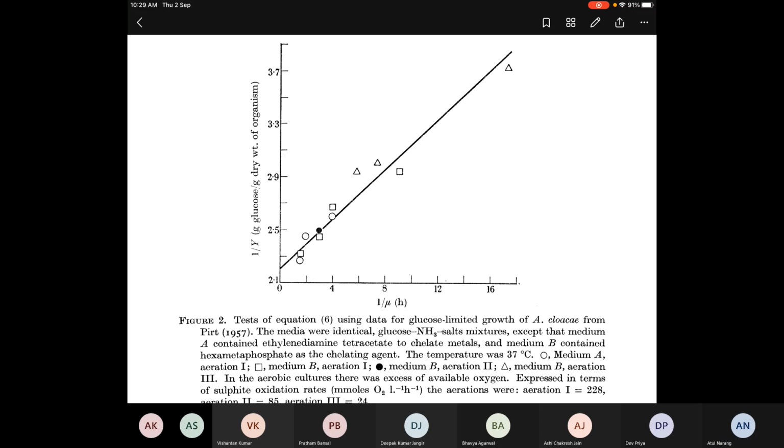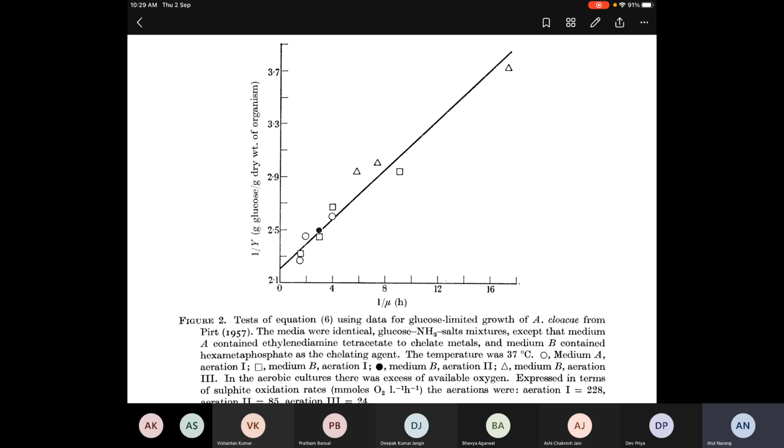Yes, sir. So this 1 over mu is basically 1 over D. And what he has called 1 over y, I have called 1 over y observed.